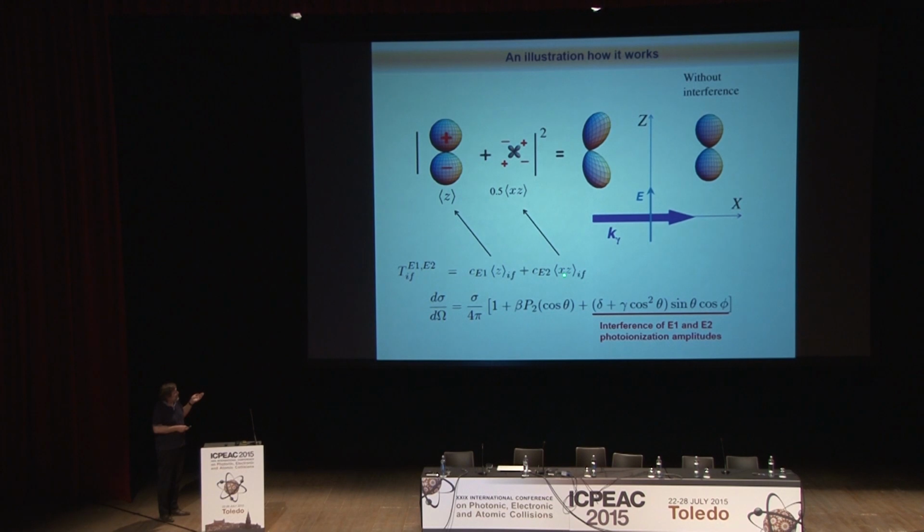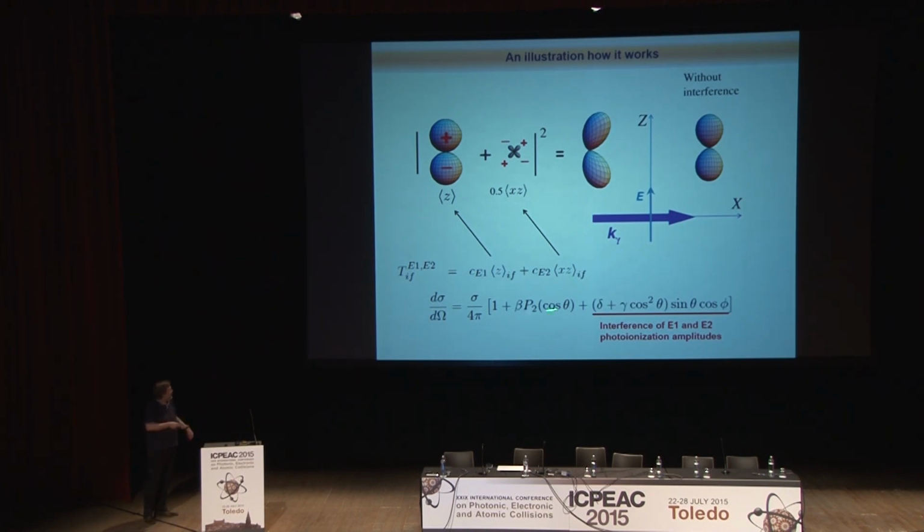And the second part can be considered as xz. If we sum and take the square, then plus and minus interfere positively here and negatively there, and we obtain this type of angular distribution. And this is without interference, you see.